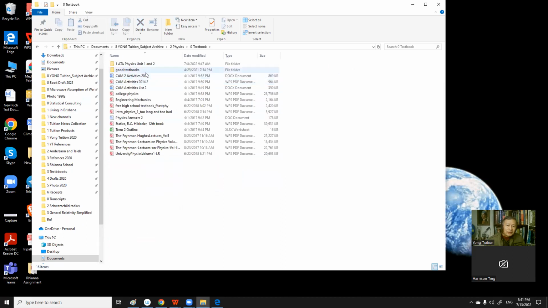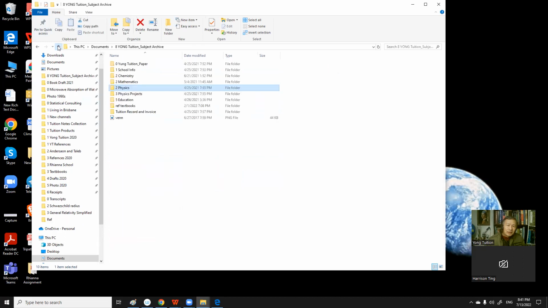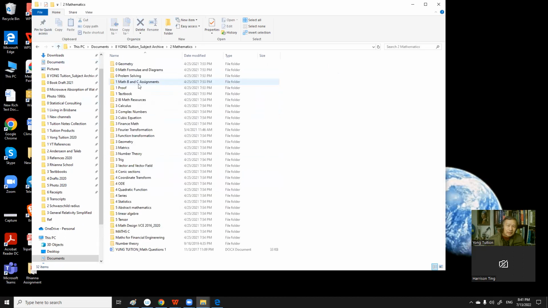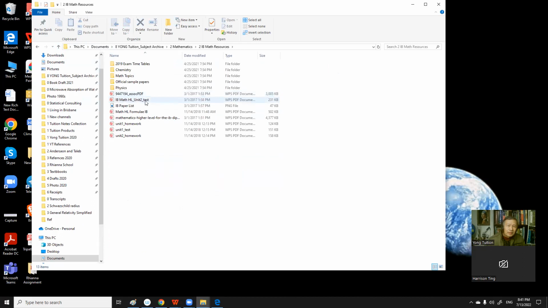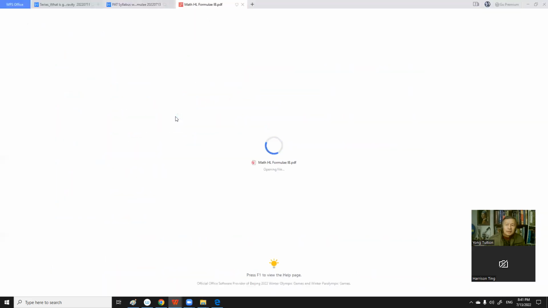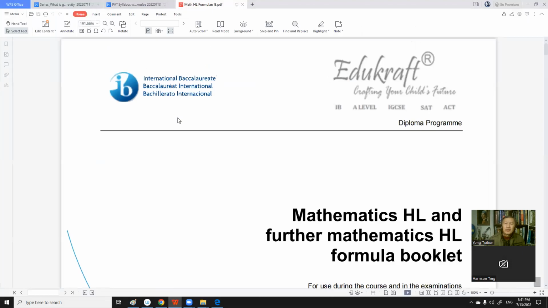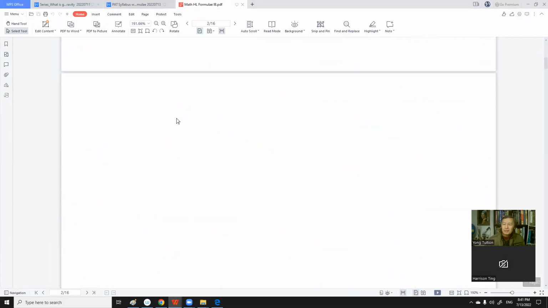I pick up this mathematics book. I have both the new and old textbook. Did you use high level? IB high level, unit 2. So I just show you the function so we can share both sides.